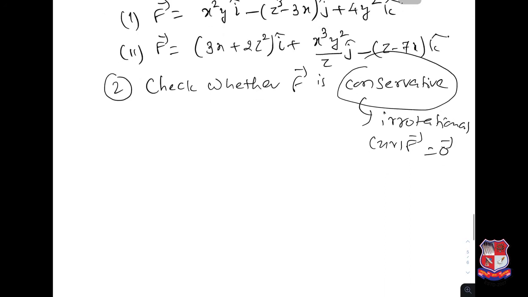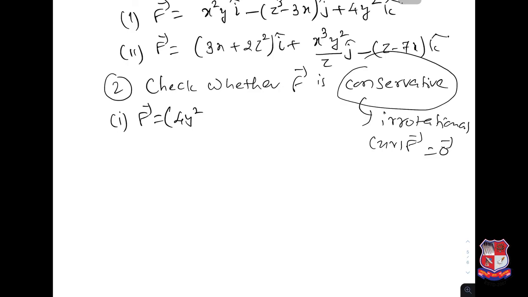Then you can say that f is irrotational or conservative. So we need to check whether the given vector is conservative or not. So basically you need to find curl. If it is 0 vector, then it is conservative. If it is not 0 vector, then it is not conservative.